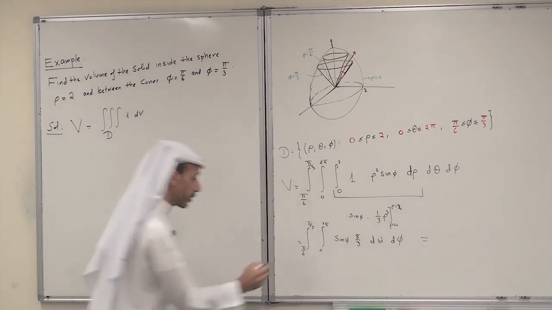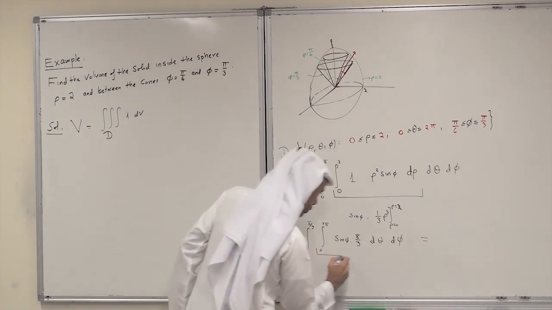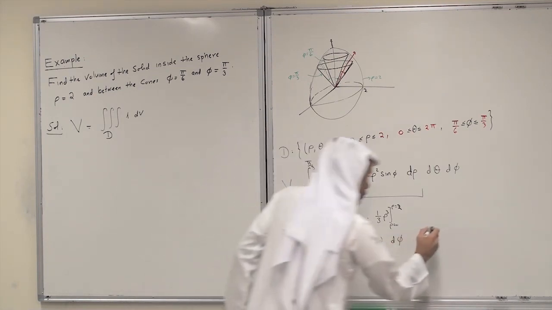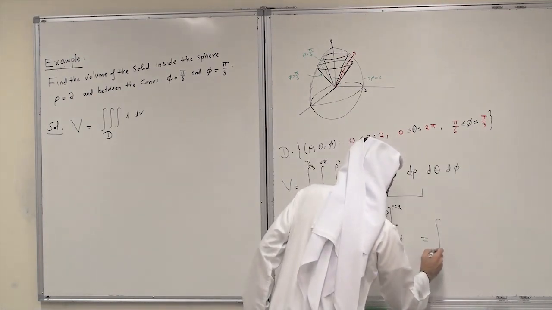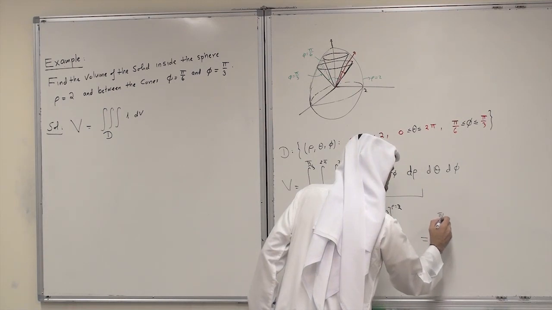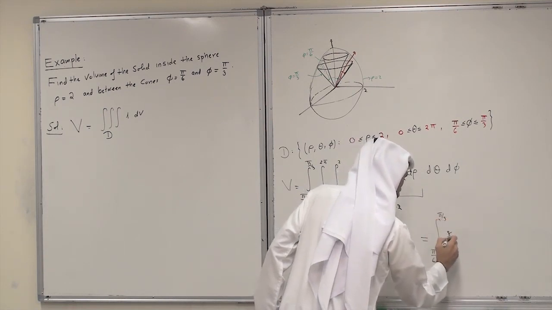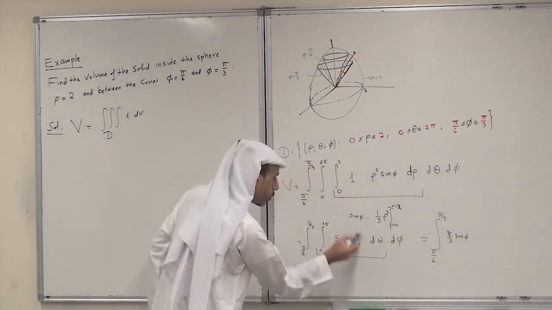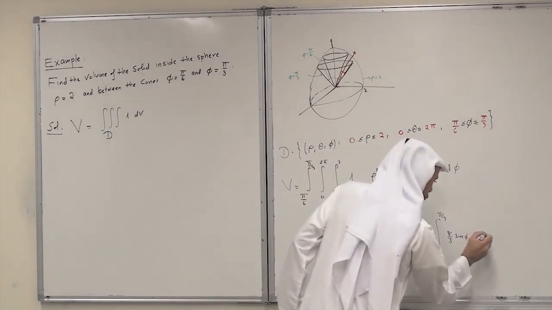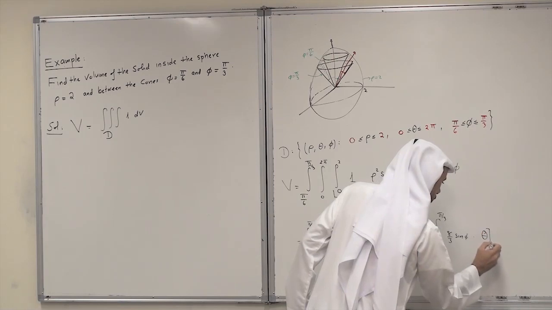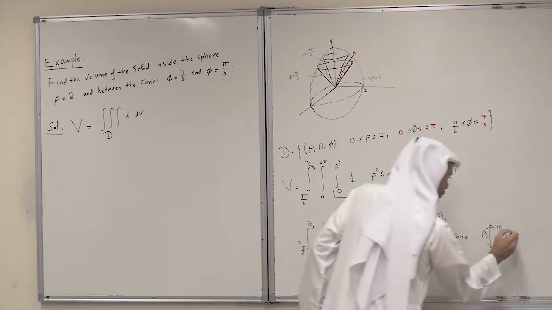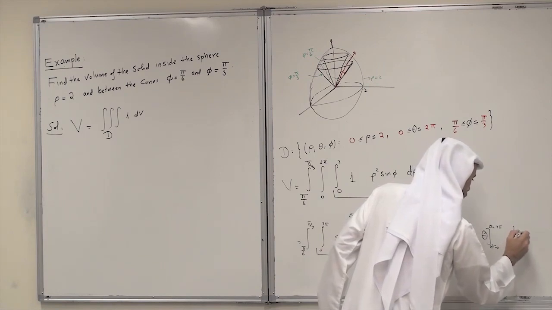The next one is the integral with respect to theta, and sine phi times 8 over 3 is a constant with respect to theta. So this is the integral from pi over 6 to pi over 3 of 8 over 3 sine phi. When you integrate with respect to theta, I get just theta, from theta equals 0 to theta equals 2 pi, d phi.